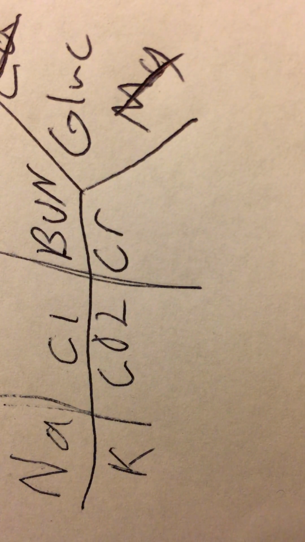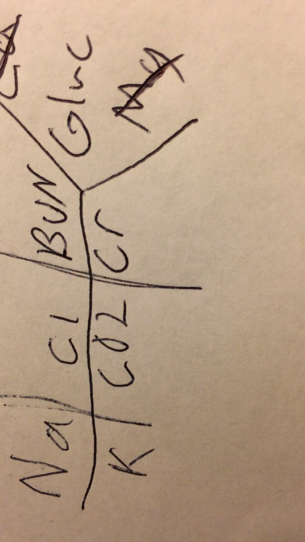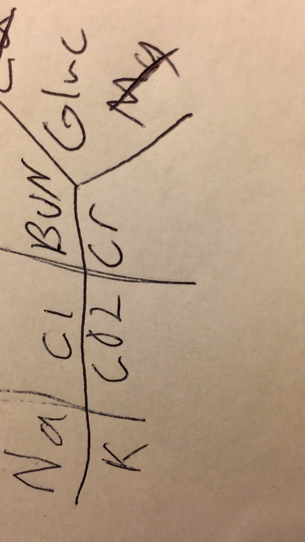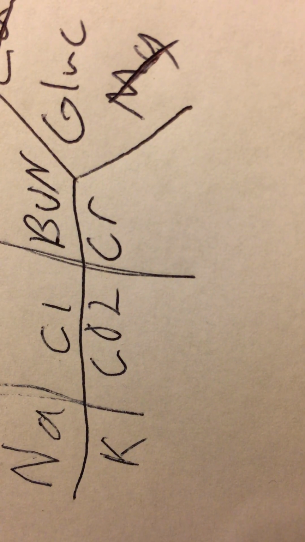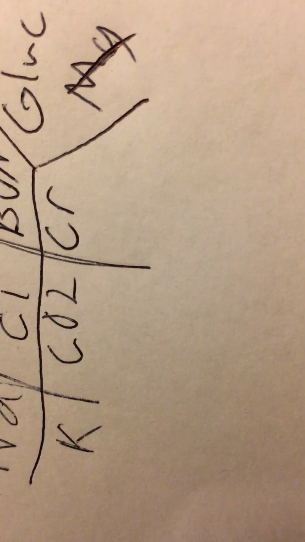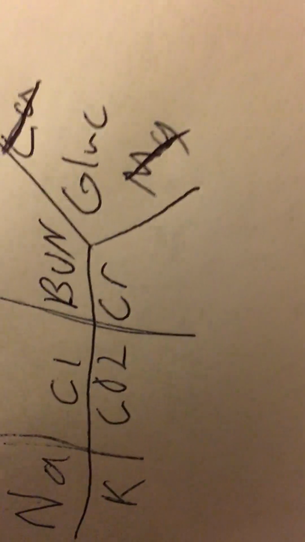And I'm going to go ahead and go over some of these values for you. I'm going to go ahead and start a new set of fish bones here.